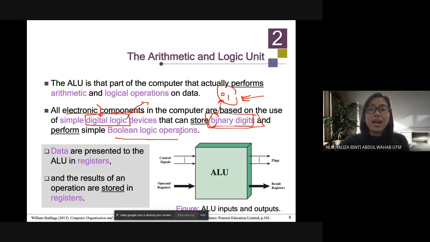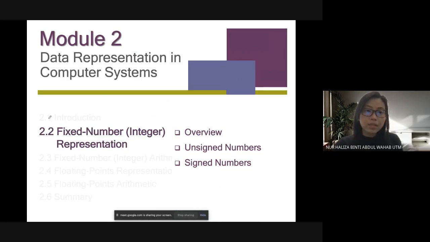But still, there is a correlation between Boolean operations and the logic operations in your COA subject. So you can see over here: fixed number, integer representation, which is an overview, and unsigned number and signed number.